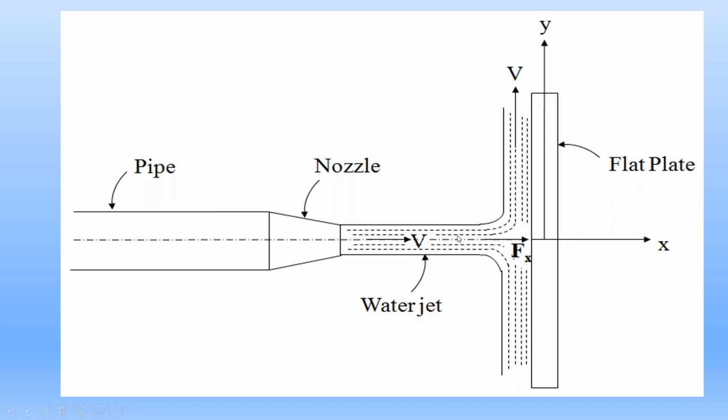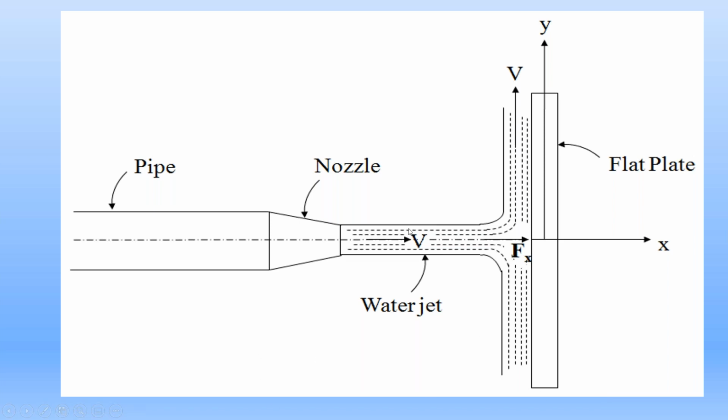At the time of impact, let this water jet apply the horizontal force Fx on the metal plate. Force Fx is horizontal.